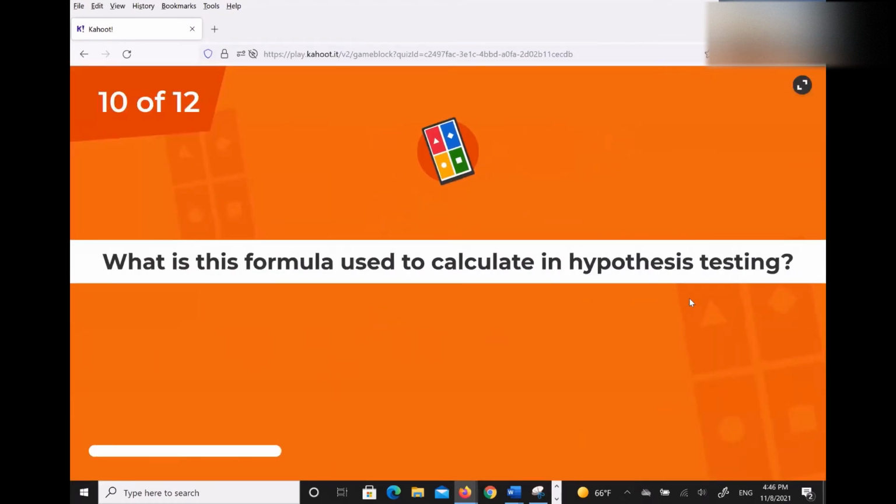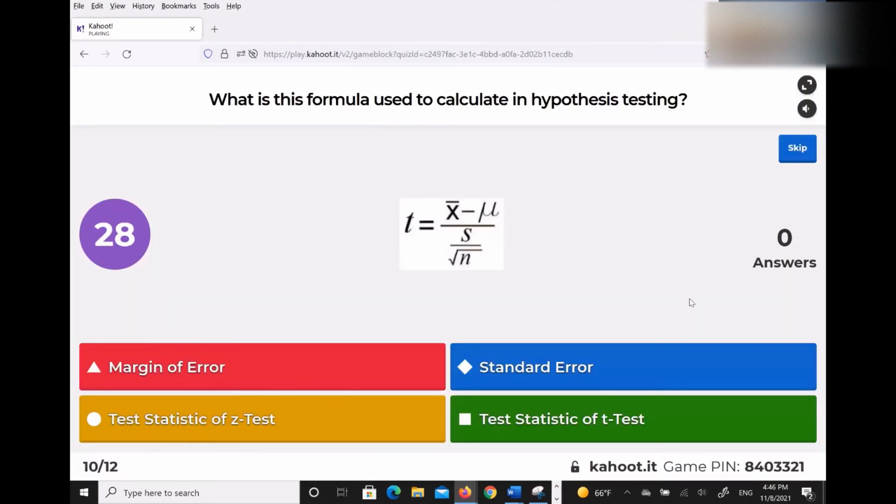Jennifer, what is this formula used to calculate in hypothesis testing?